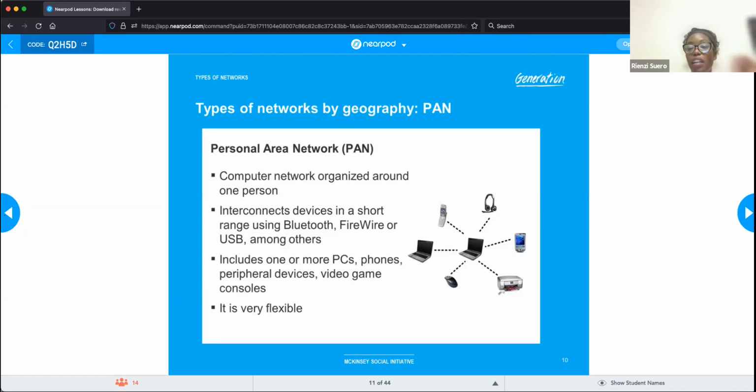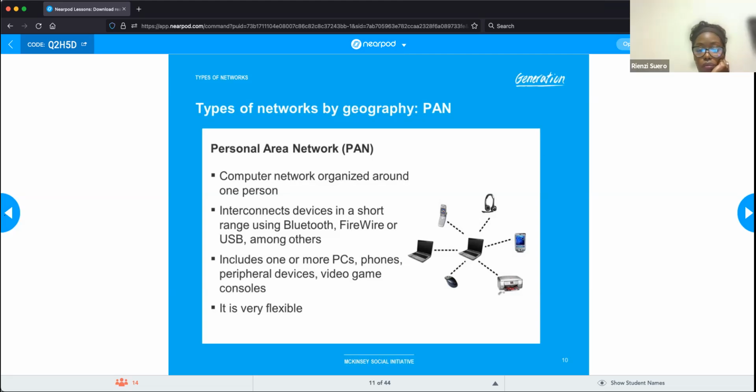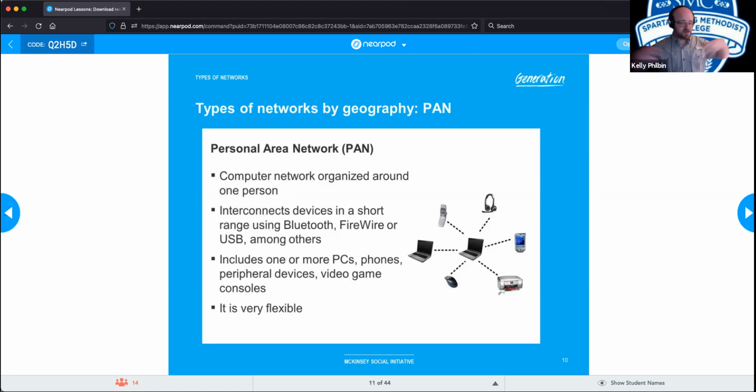Yes, that's what I was gonna ask. I think you guys kind of clarified it. So if I use my phone as a hotspot and I connect my computer like that, is that considered that type of network? That's tethering, but yes. The hotspot thing gets a little dodgy because you can connect multiple PANs to a hotspot.